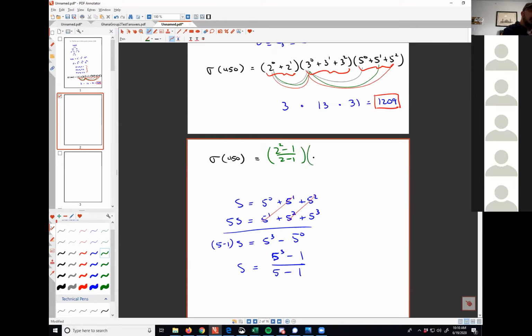We always get one more power, right, than we started with. Then 3 to the third minus 1 over 3 minus 1. And 5 to the third minus 1 over 5 minus 1. So we could also do the computations this way, but we'll get the same numbers, 3, 13, and 31, and multiply those together. Okay.